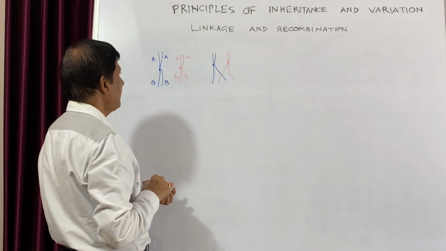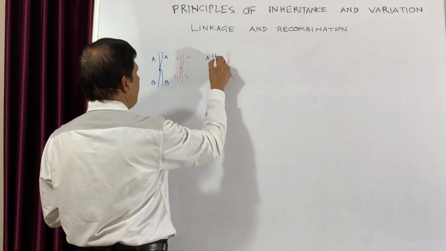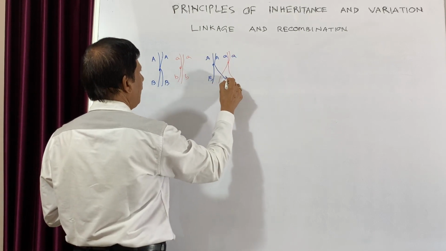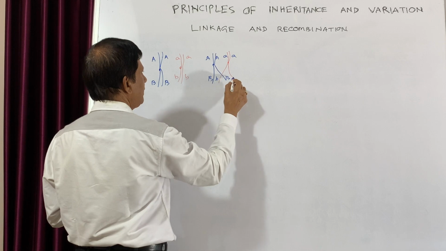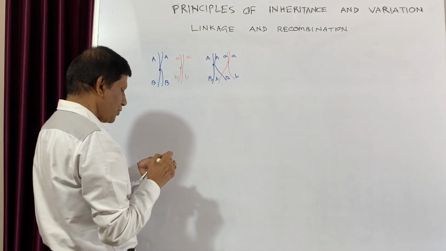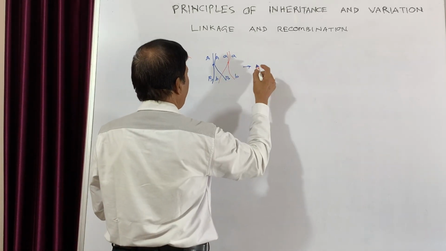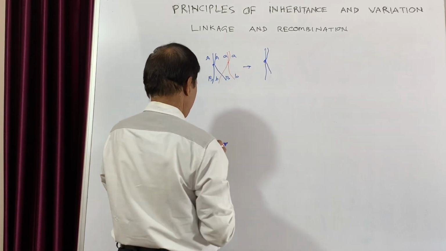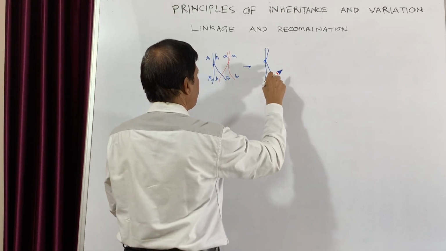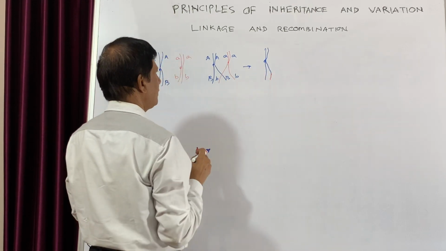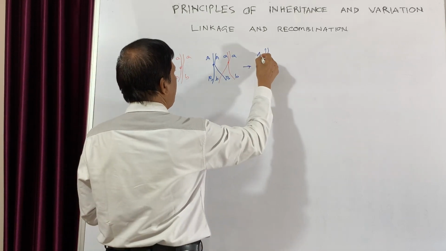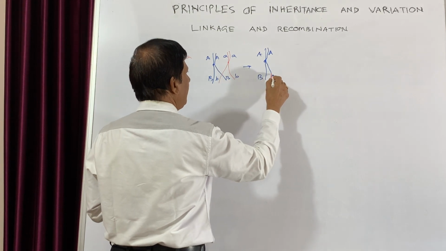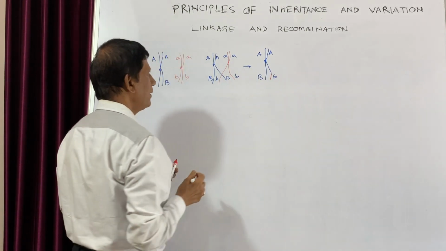Now you see how exchange is taking place. Here it is capital A, and here small a. Here capital B is this side, small b is this side. So in the new one, finally, it will look like this. Now this portion will be exchanged. That means this will be capital A, but this will be capital B, while this side it will be small b.